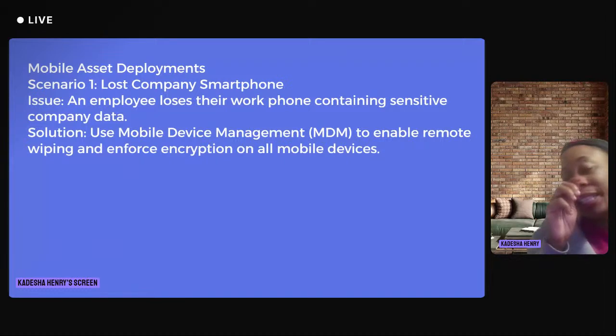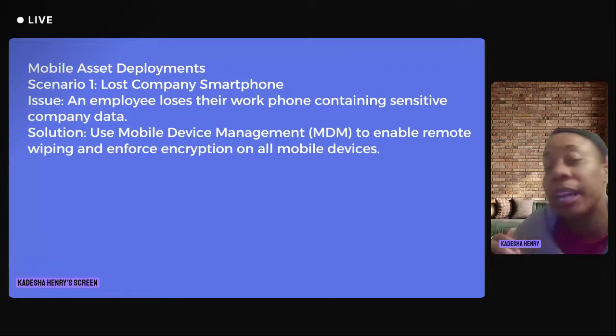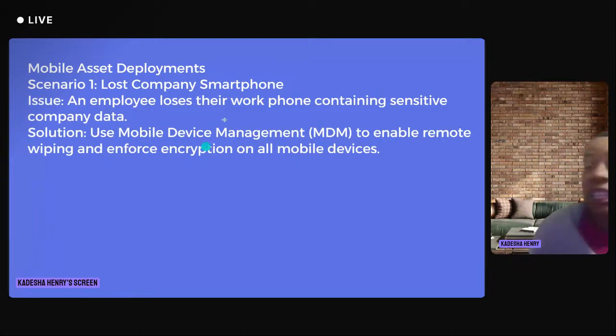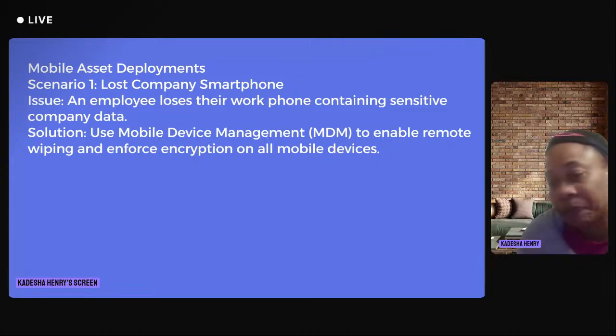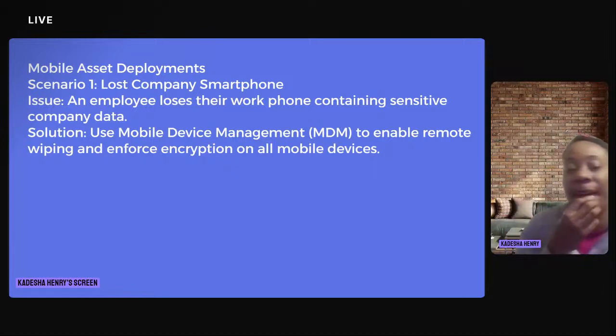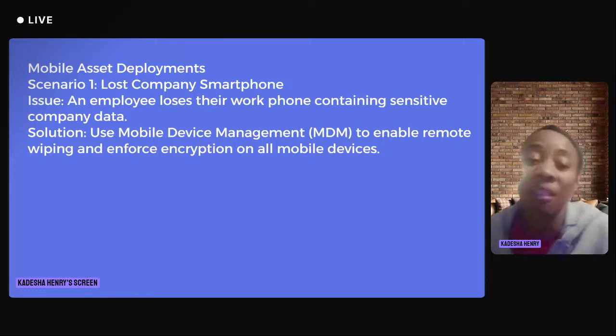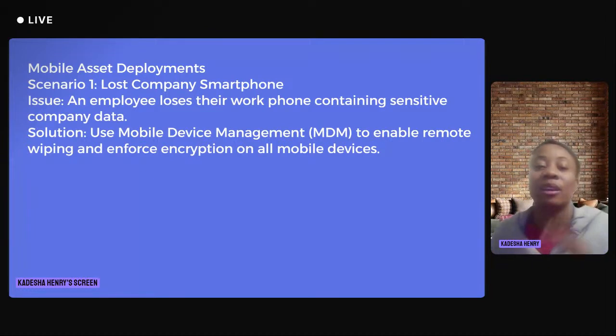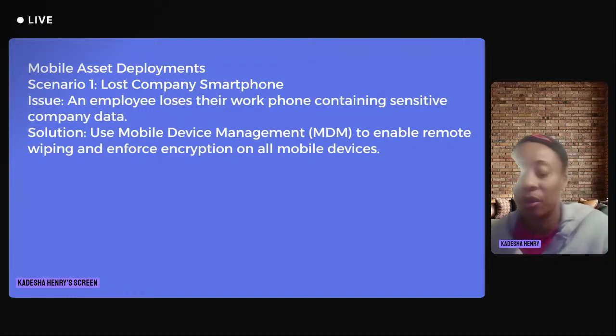And not only is it encrypted, the organization can actually wipe the device from where they are. Yep, they can wipe the device of everything, right? So that's very important right here.